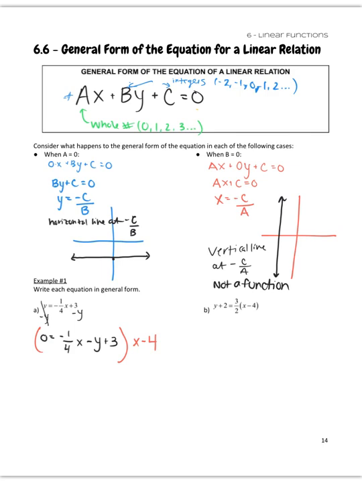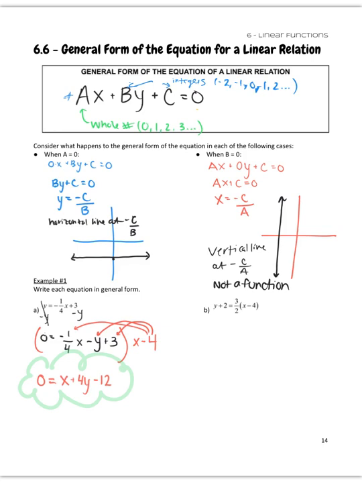So -4 times 0 is still 0. -4 times -1 over 4 is +1, so I don't need to write the 1, I'm just going to write x. -4 times -y is +4y. And -4 times +3 is -12.